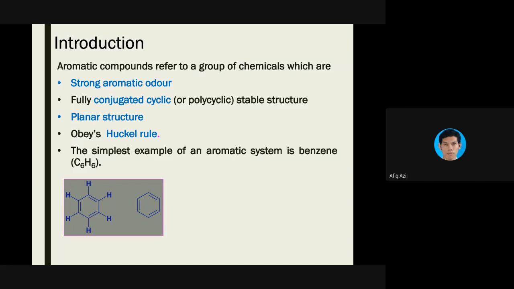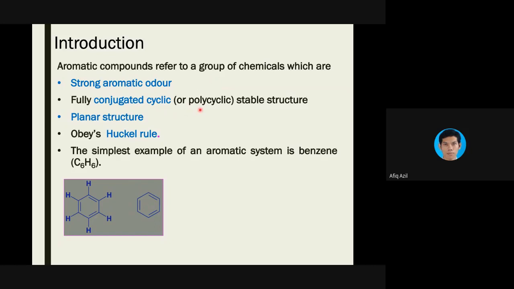Then the structure must be fully conjugated and cyclic. Conjugated means it contains a double bond, a single bond, then a double bond again. And it also must be cyclic, in one cycle, not an open chain.